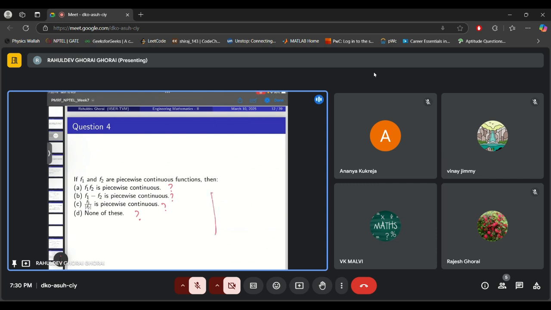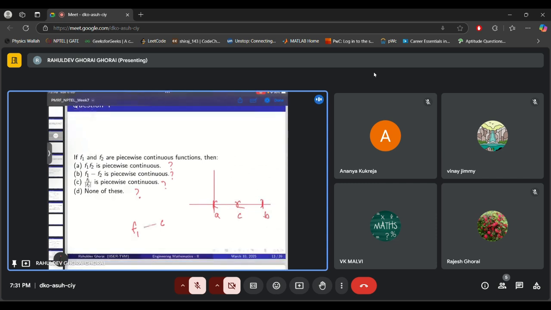We will understand this with an easy example. Let's say you have an interval from a to b, and the function f1 is discontinuous at c, but each piece is continuous. From a to c it is continuous, and from c to b also it is continuous. The discontinuity is at c.